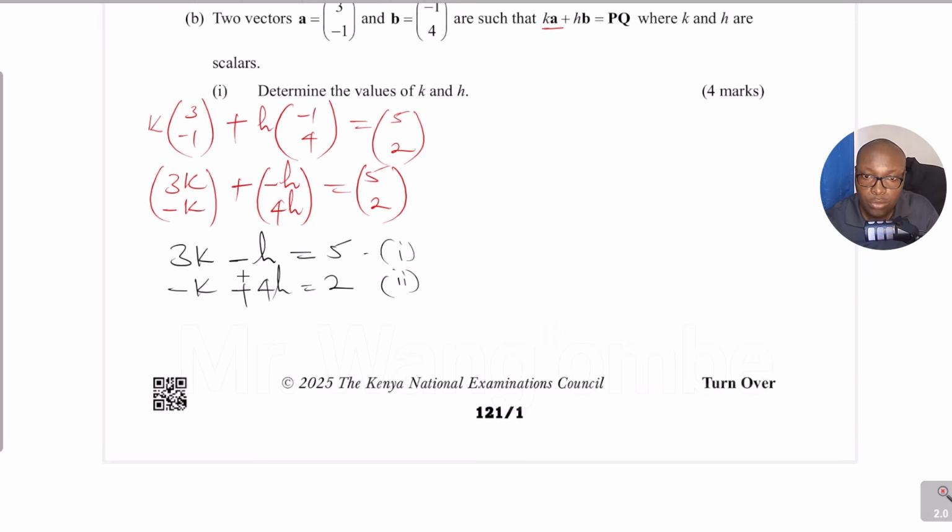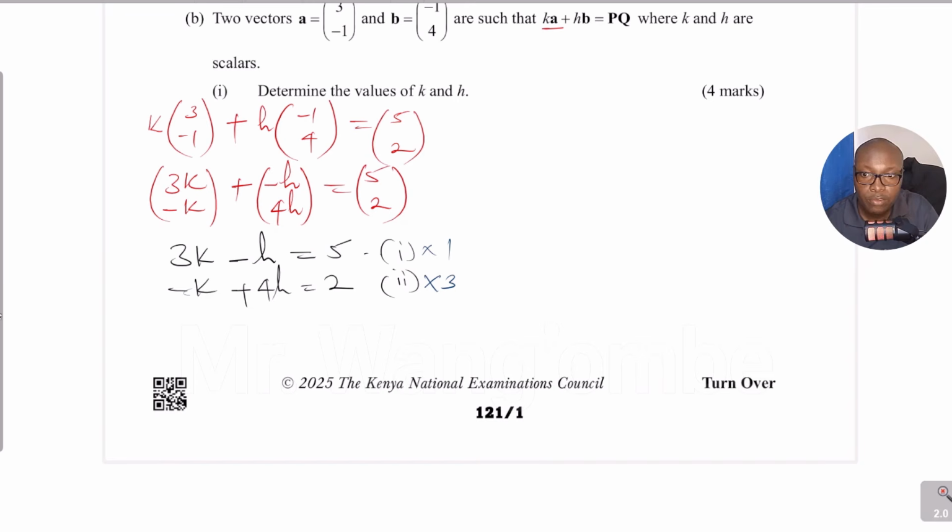I will use the elimination method, and I will eliminate K. So look at this, 3K and -K. So I can multiply this by 3 and this by 1.